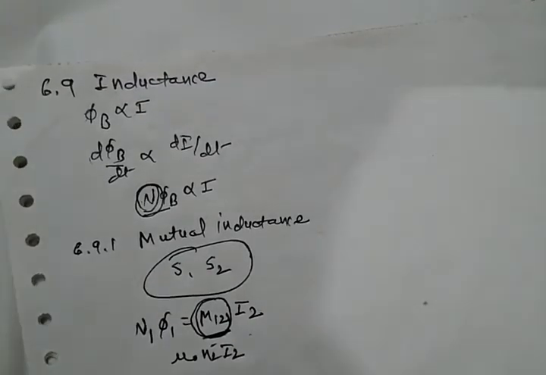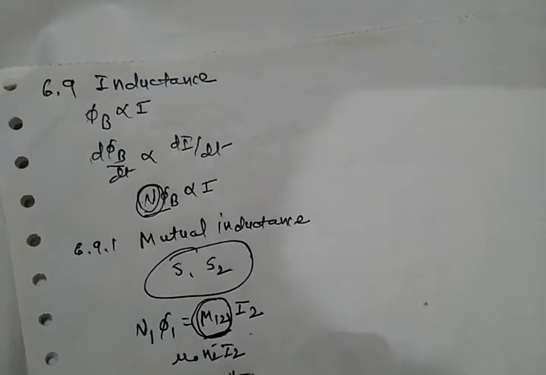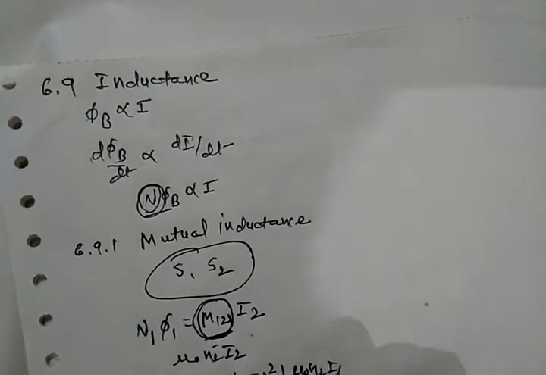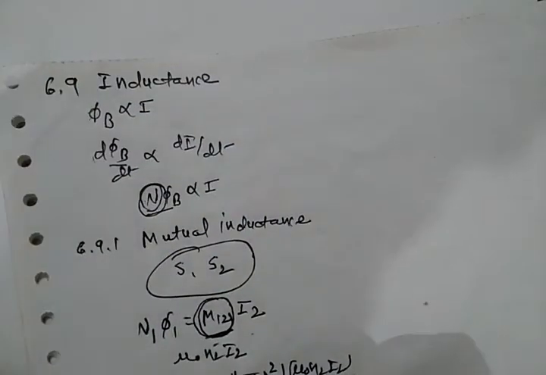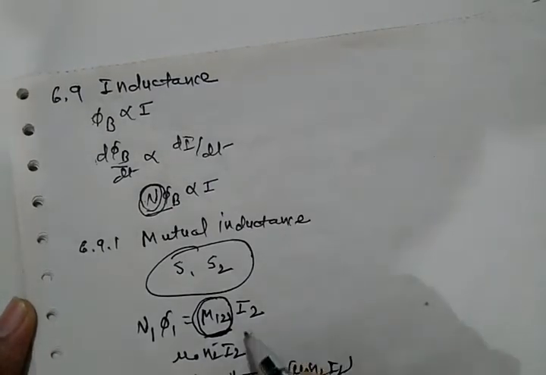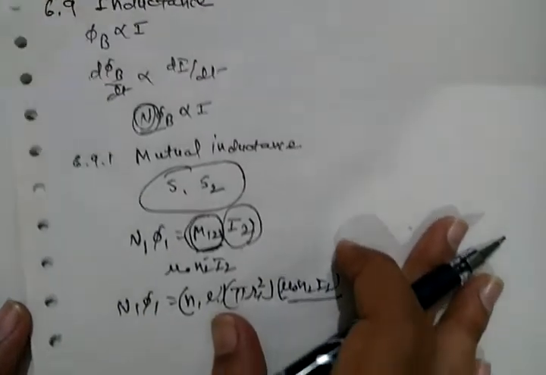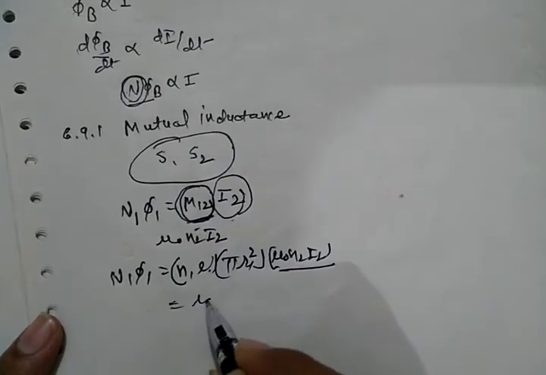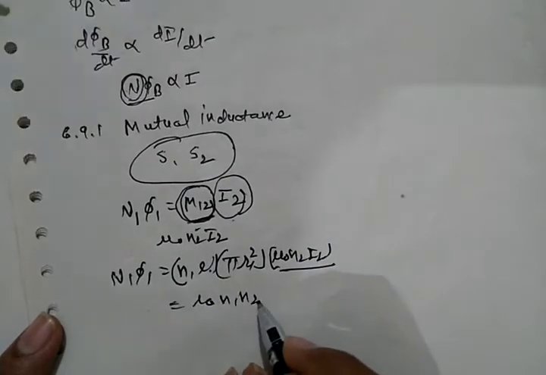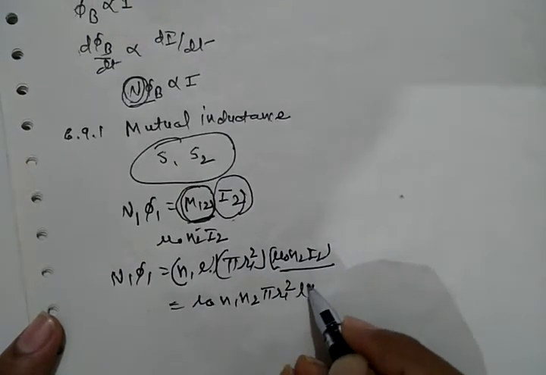So the resultant N1 phi1 is equal to N1 L times pi R1 square times mu 0 N2 I2, which is equal to mu 0 N1 N2 pi R1 square L times I2.